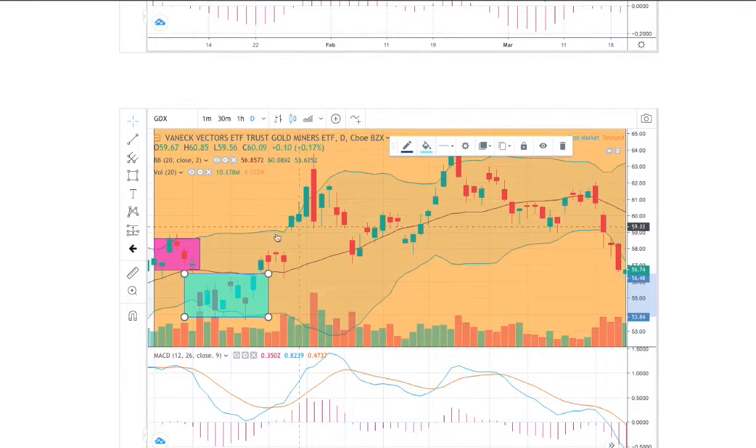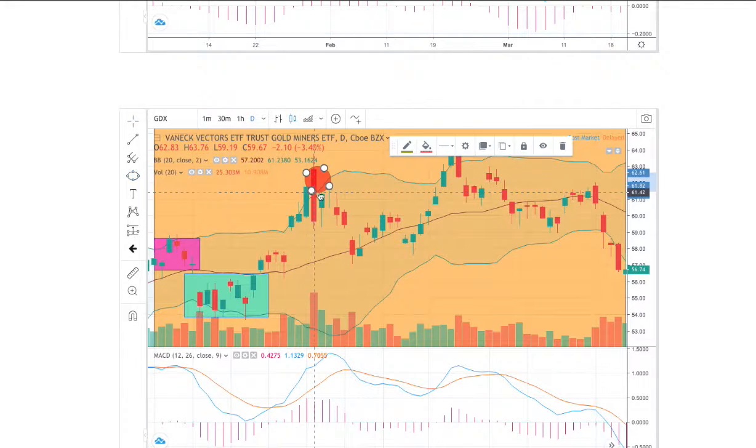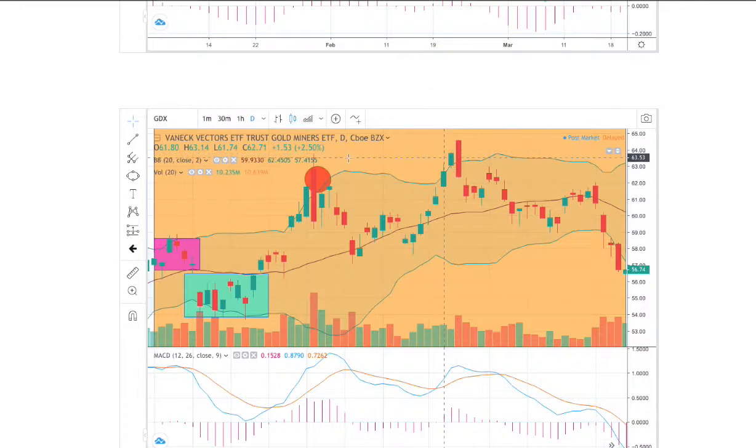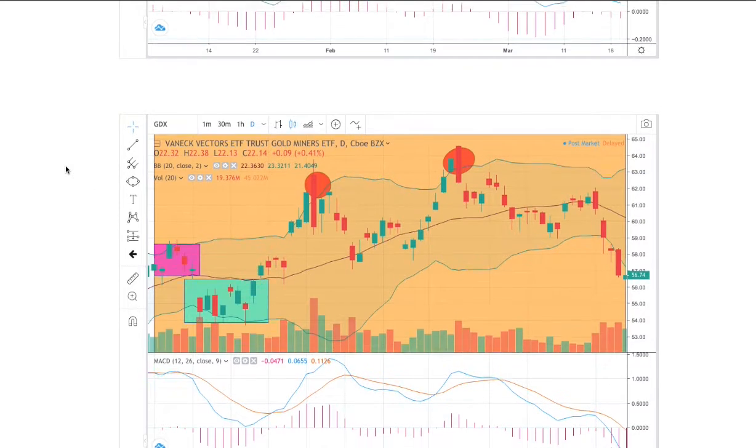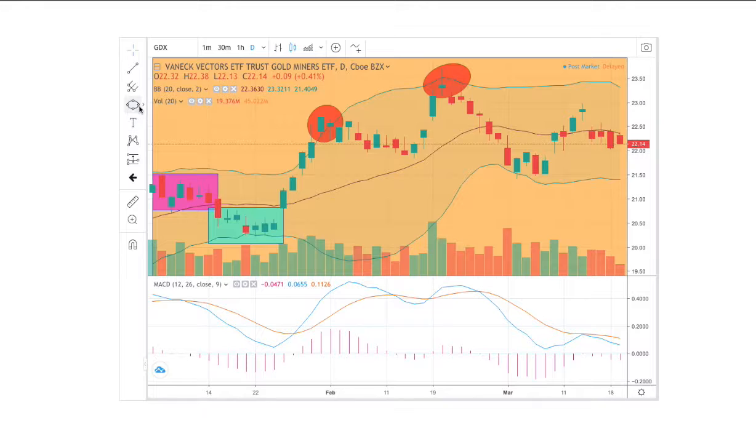And we have here a teal rectangle, and let's mark the red overbought Bollinger Bands. We have two here, and as you can see, it's starting to shape out with the current trend after having two red circles.